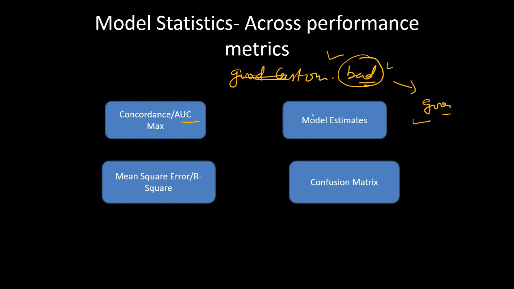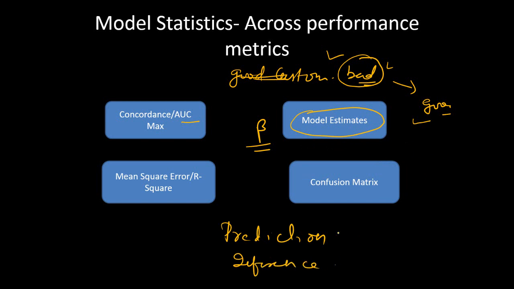Sometimes you may need to look at the model estimates, the actual beta values of the regression model, more than the actual performance. And why is that so? We build models for two reasons: firstly, for prediction purposes, and secondly, for inference. Now these are jargons.